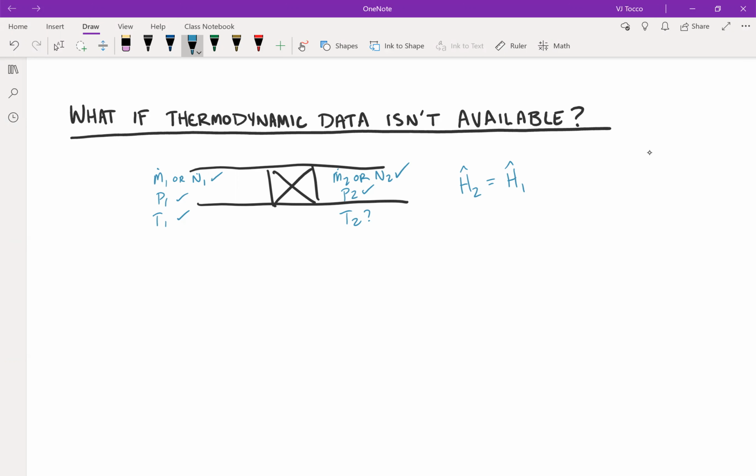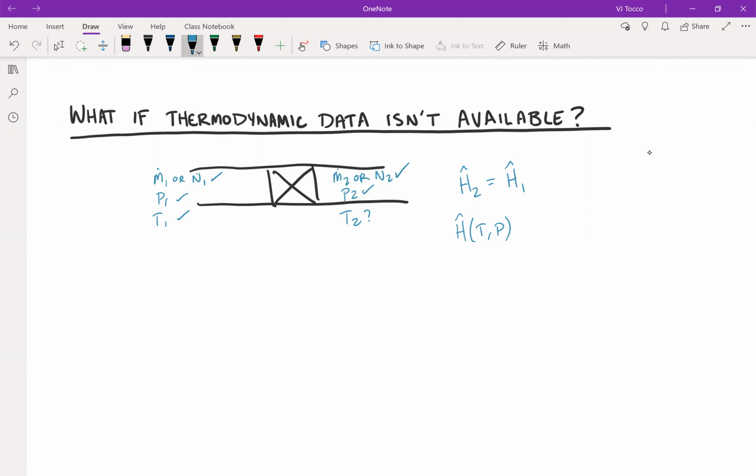Before, I said that if we know what H as a function of T and P is, then we can calculate the enthalpy, because we know the pressure and temperature for the inlet stream. For the outlet stream, we know the pressure and we know what H hat has to be, so therefore we can calculate T.